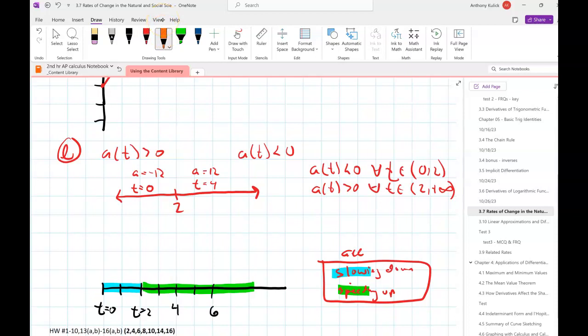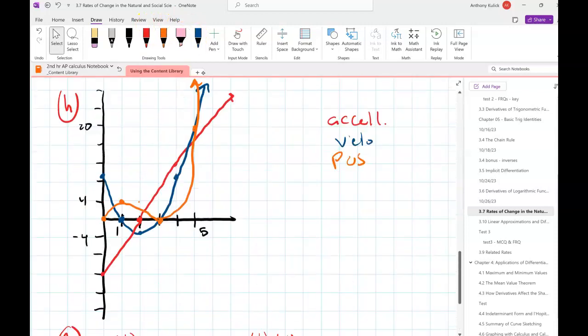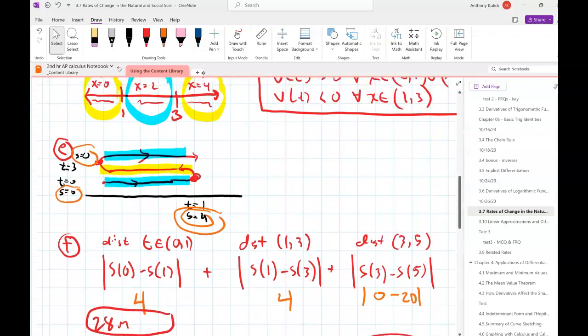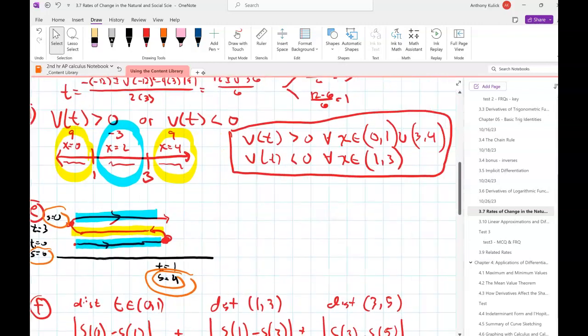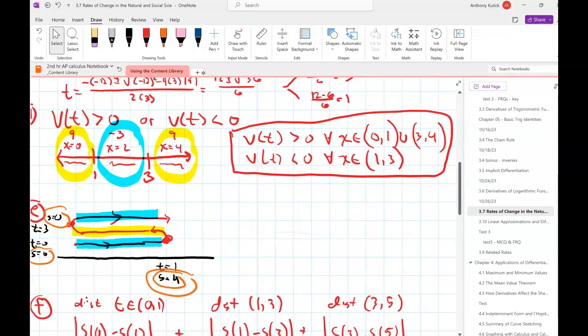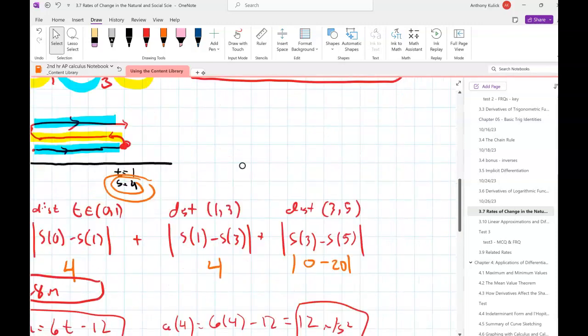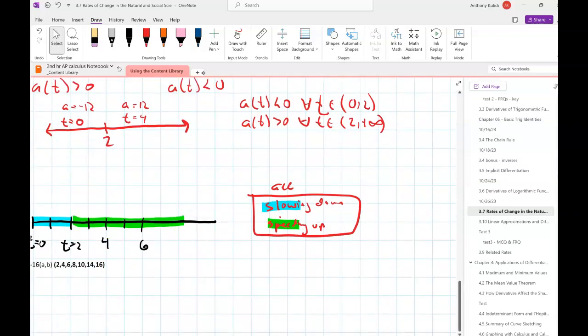If we look at our velocity, we are going forwards from 0 to 1, and then from 3 on.